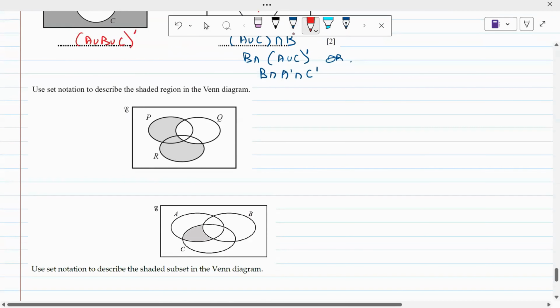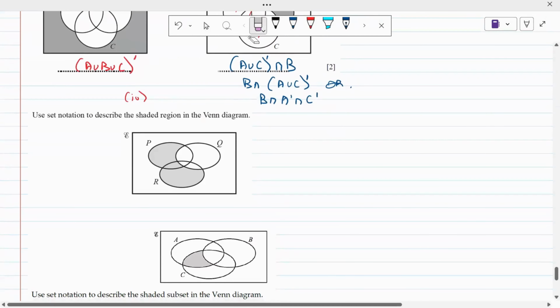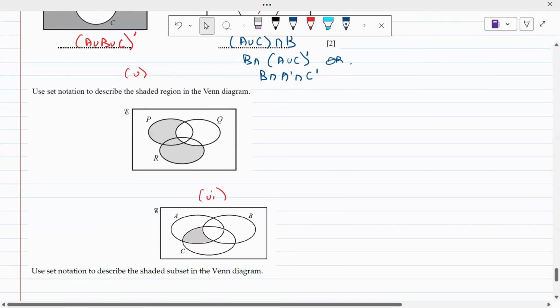Okay, the fourth part, sorry. This is fifth and this is sixth. What do you think about these ones?